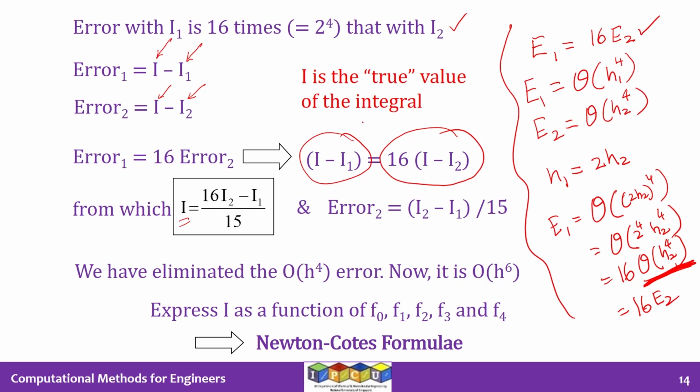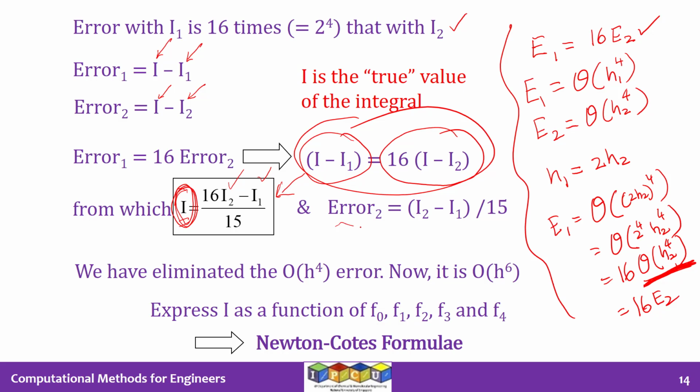So you can work out the algebra to go from here to here. So we have got an estimate of I from I2 and I1. I will be an improved estimate of the integral rather than I1 or I2. So the extra effort you put by solving the problem at two different grid sizes has helped us to improve the accuracy of the integral.